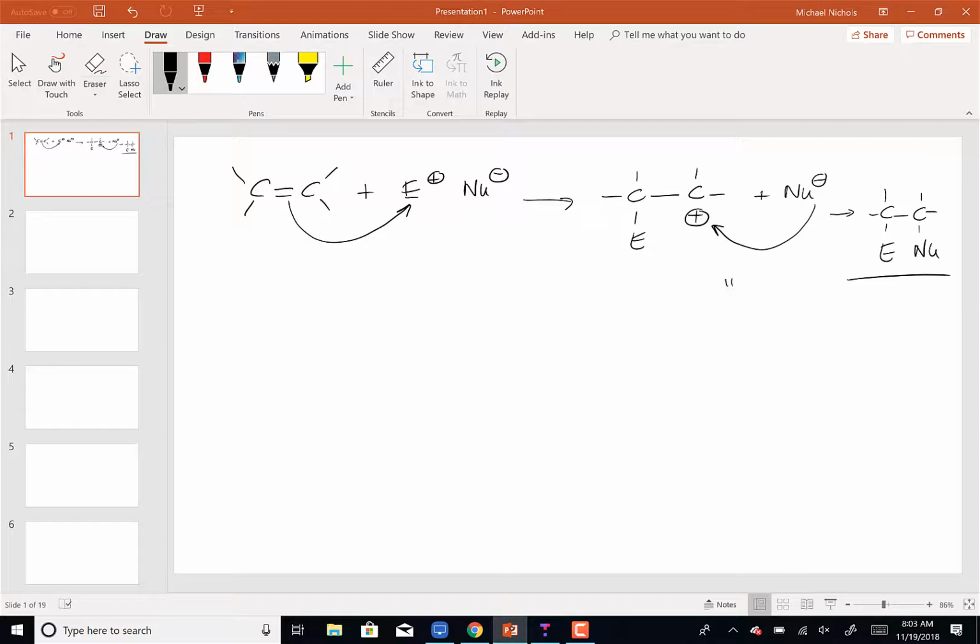This is the second step in an SN1 reaction. So outside of the addition of the alkene and the electrophile, there's nothing new. This is a fairly straightforward mechanism. Now it's going to get more complicated as we go. But this is what we call electrophilic addition.